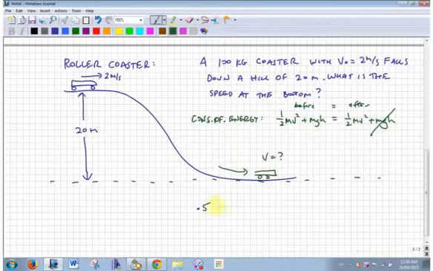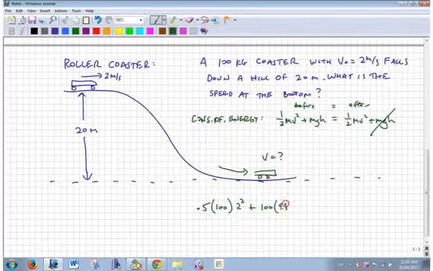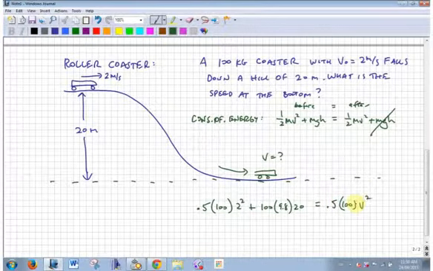Yes, I do. It has v squared, and it has potential of that much energy. So that energy before has to equal the energy after. So I only have one variable.